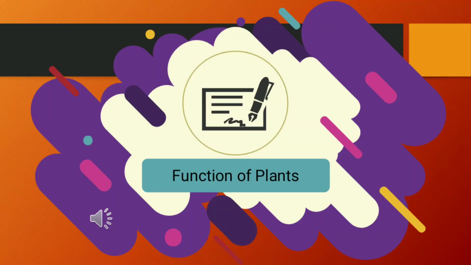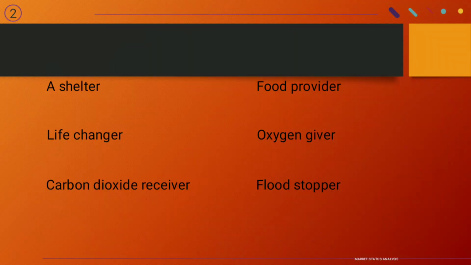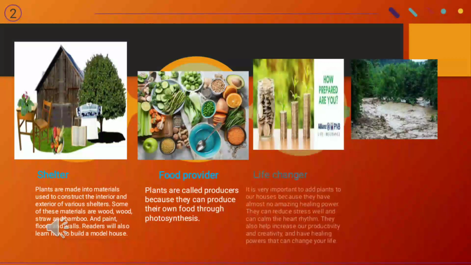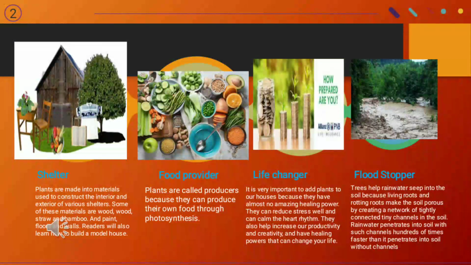The next is the function of plants. Here are some of the functions of plants. First is shelter.